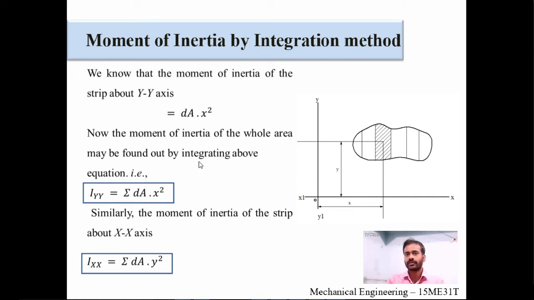That can be found out by the integration of this equation. Similarly, the moment of inertia of the strip about the xx axis will be Ixx is equal to sigma dA into y square. So these are the two important equations to calculate moment of inertia of a given area or the given body.